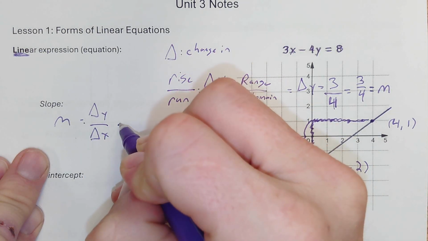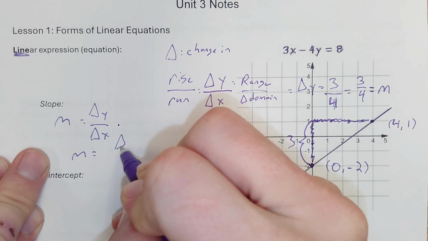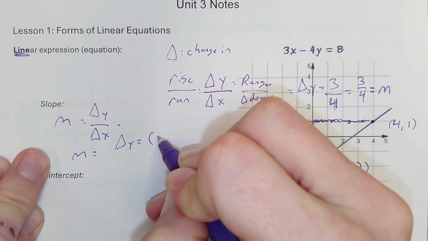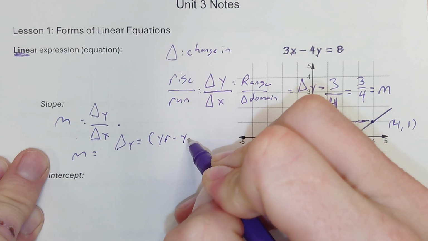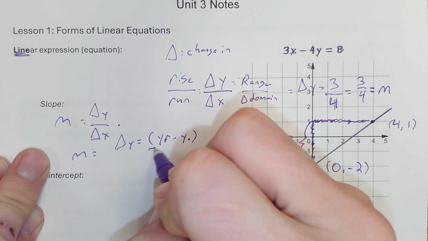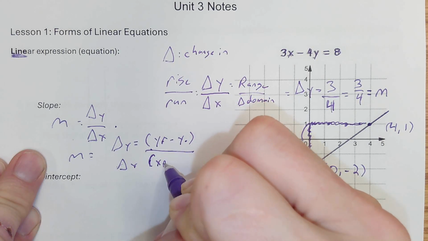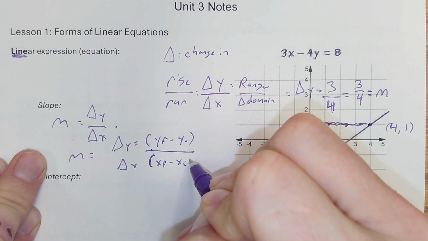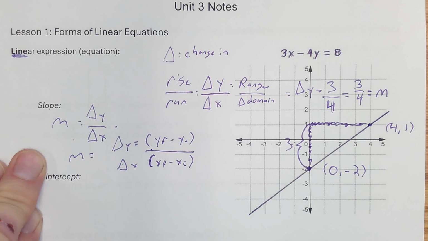Your change in y equals your final y minus your initial y, and your change in x is your final x minus your initial x, right? And usually it's left to right, but your final can be right to left as long as it's consistent. The math will work out, okay?